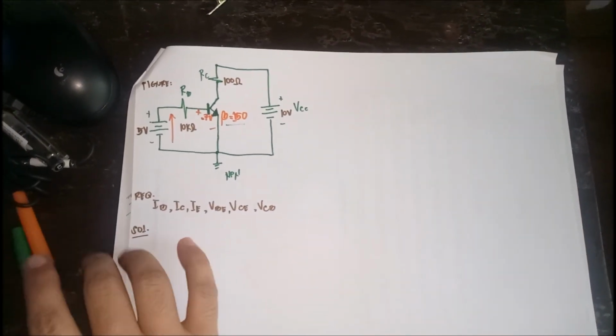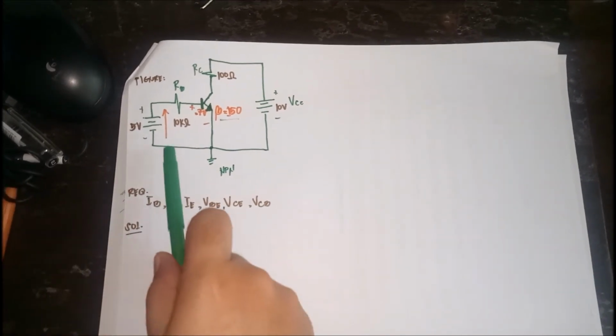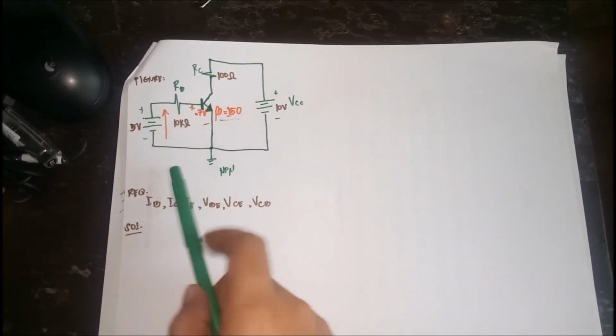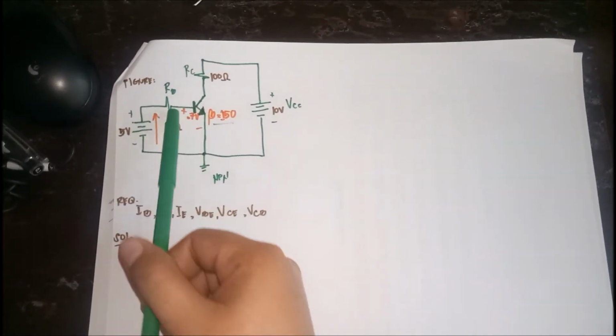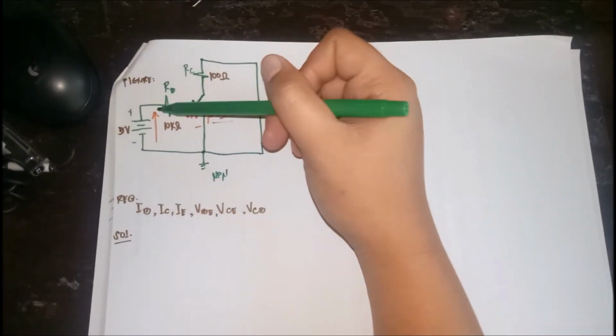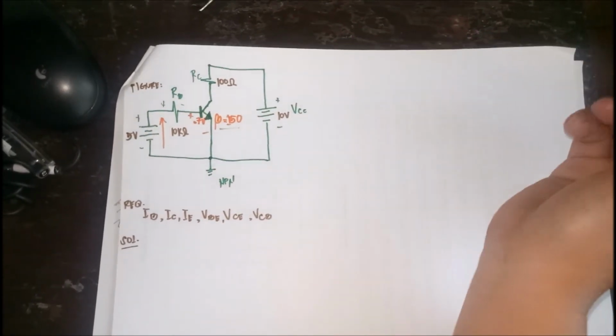Okay. What should we do next? Kasi meron tayong voltage dito. And this one, if I'm gonna do the loop here, masasolve na po natin yung ating voltage across the RB. So hahanapin natin si VRB because andito yung ating current flow, andito si positive of course, and si negative.